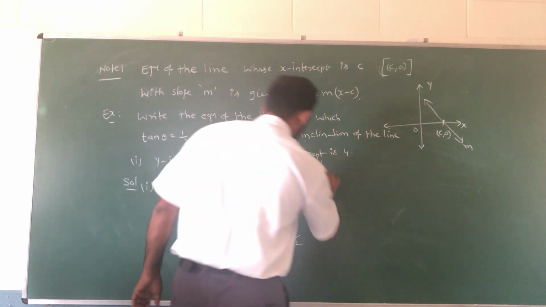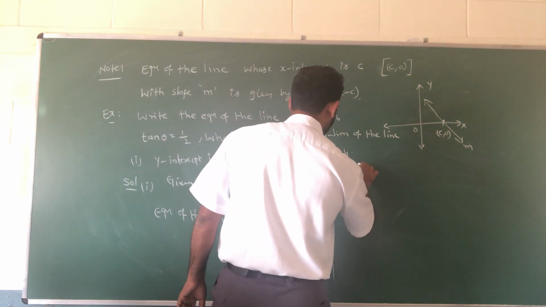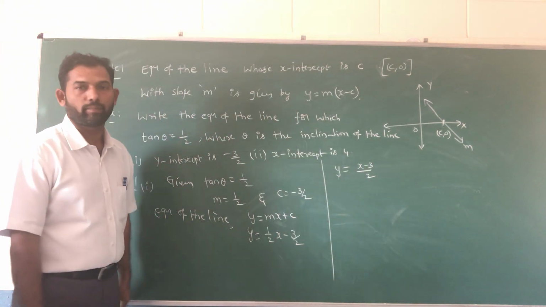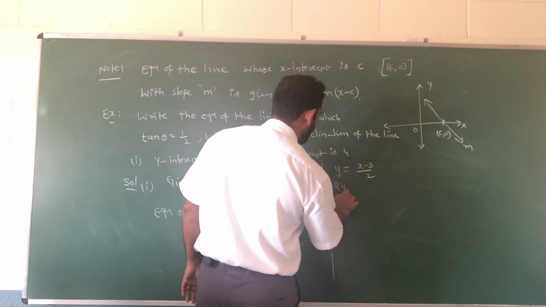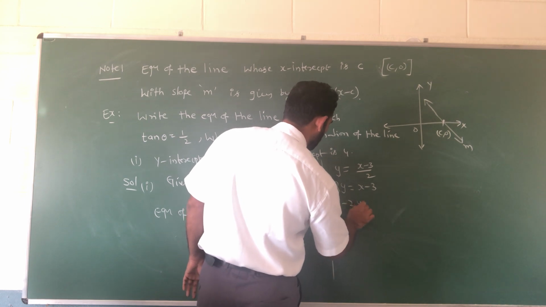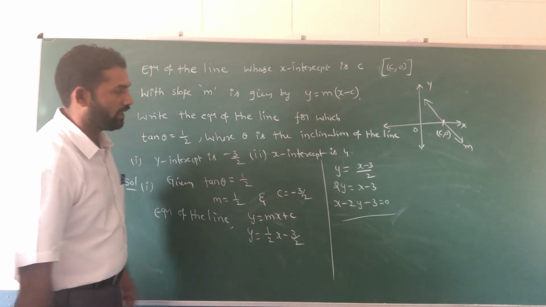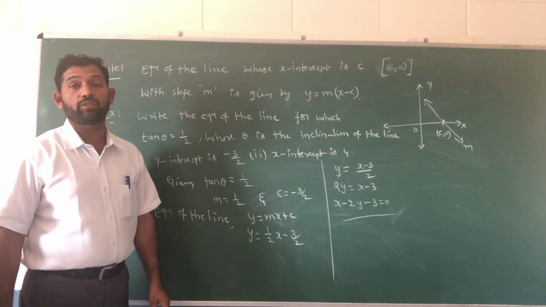Then simplify: y is equal to x minus 3 divided by 2. Cross multiply: 2y equal to x minus 3. Now x minus 2y minus 3 is equal to 0. That is the first question solution.